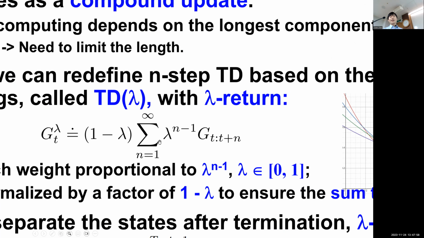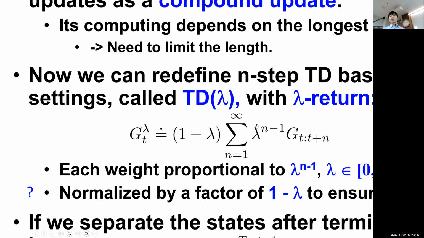So actually we can calculate this part, right? The sum from 1 to infinity of lambda to the power n minus 1, if you do the calculation, it will be equal to 1 divided by 1 minus lambda. Actually, in the midterm exam, there was one problem where we used this conclusion.